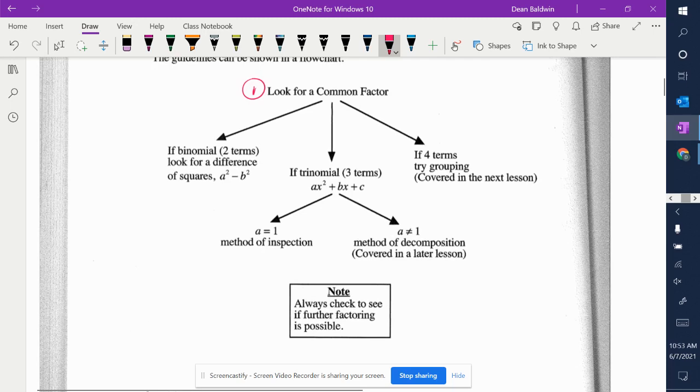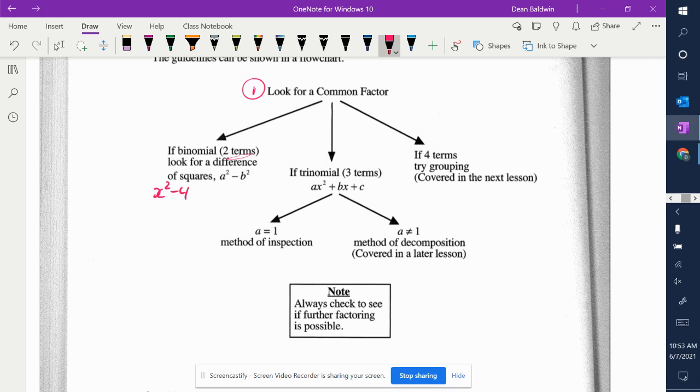And then you ask yourself, do you have 2 terms? Okay, if you have 2 terms, is it a difference of squares? So a difference of squares would look like x squared minus 4. Okay, 2 terms separated by a subtraction sign.